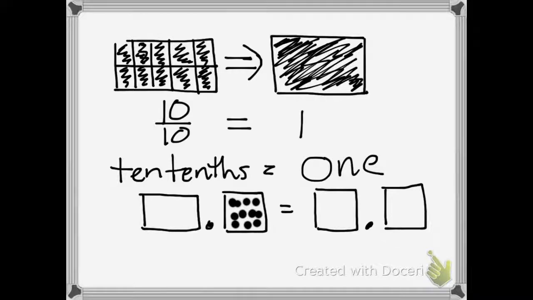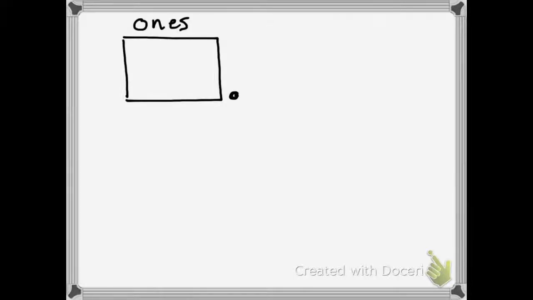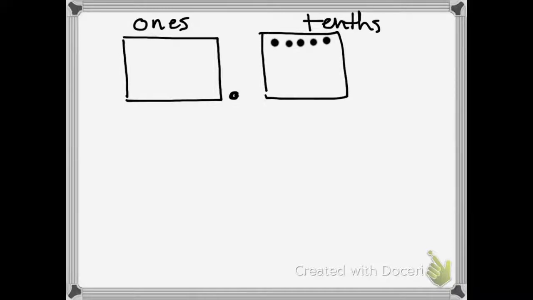What we would say then is that those 10/10s equals 1. So how does that work when we think about the place value? This would be our ones. This would be our tenths. What happens is we get 1, 2, 3, 4, 5, 6, 7, 8, 9, 10 tenths in there.